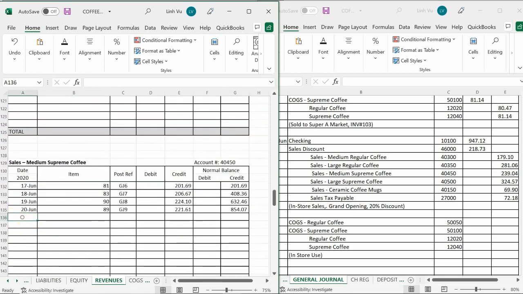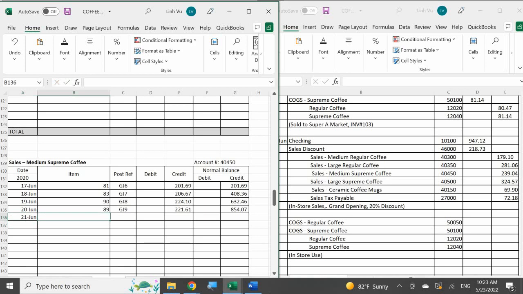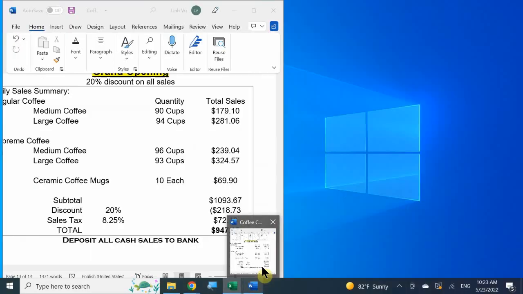Now, how much medium supreme coffee? Medium supreme coffee.